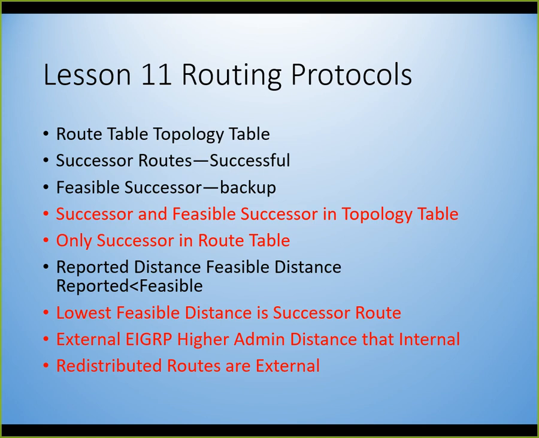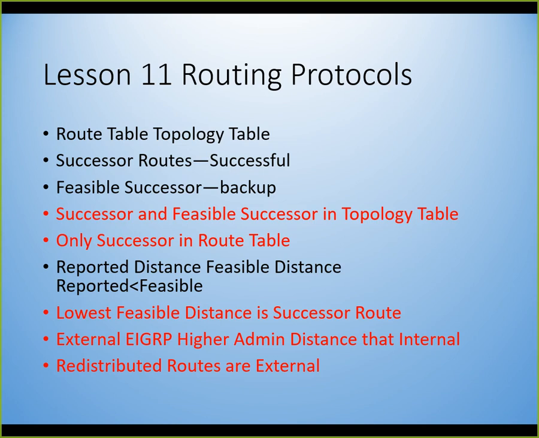We did a little experiment on the external EIGRP routes and redistributed routes. First we did a redistributed route and they became external. We have an EIGRP internal administrative distance and an EIGRP external administrative distance.